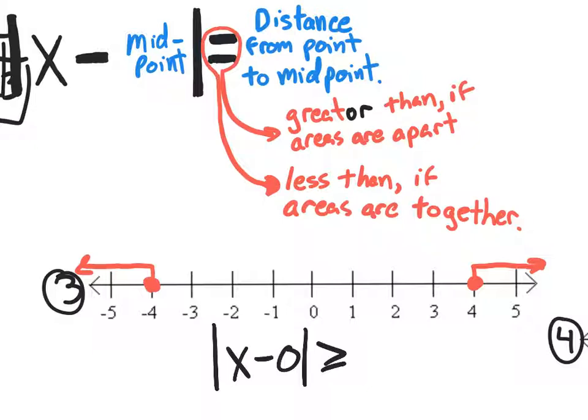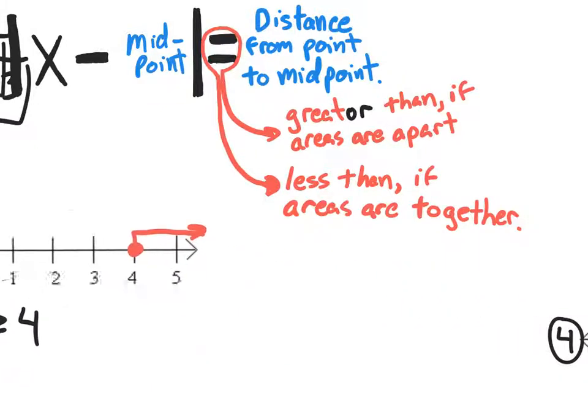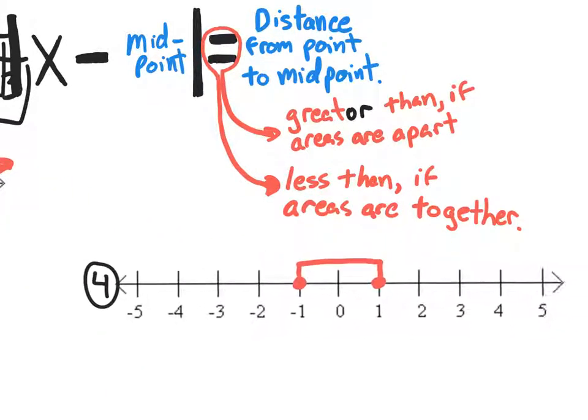And what's the distance from the point to the midpoint? 4. So the only other thing you could do to make it look nicer is not write the minus 0. So you could just write the absolute value of x is greater than or equal to 4. So these are like free points if you think about it, especially because the midpoint is always 0 on our homework.